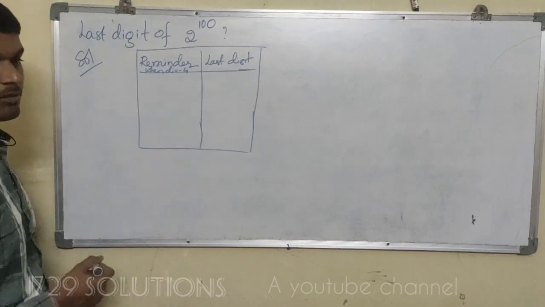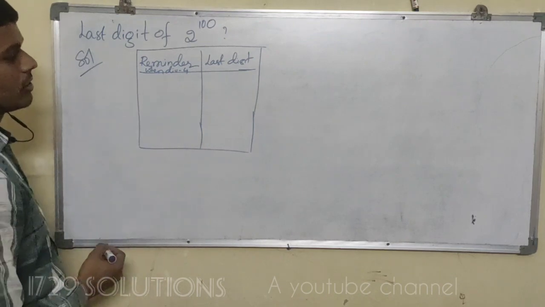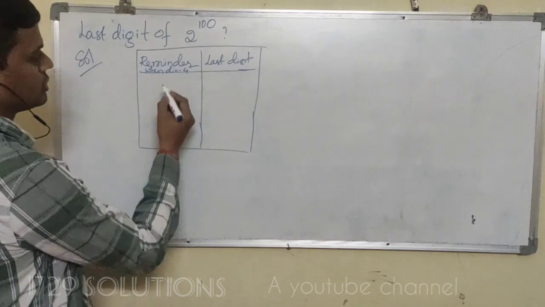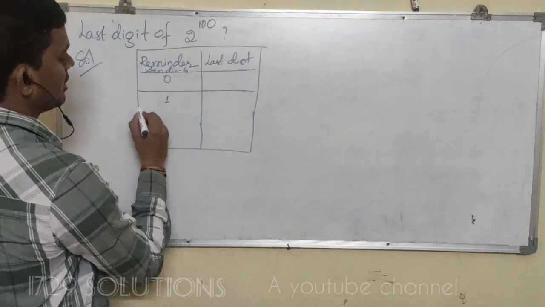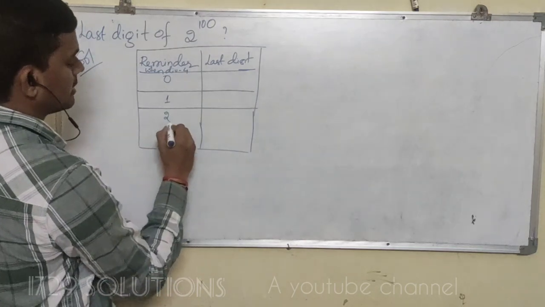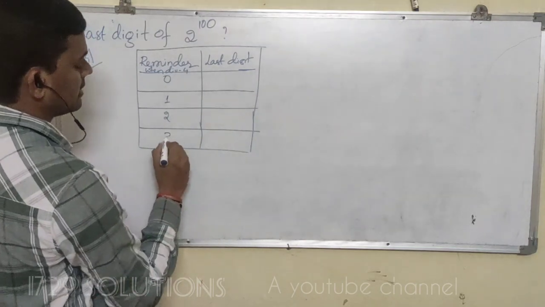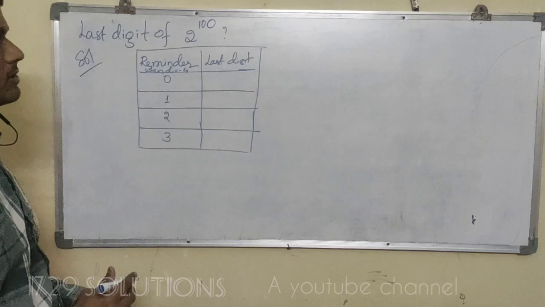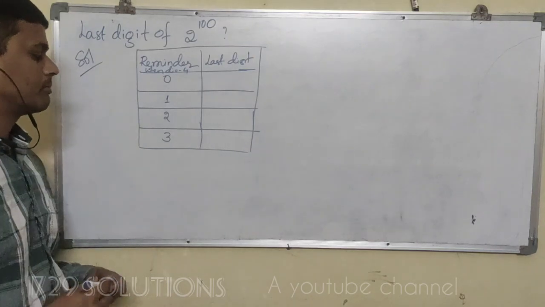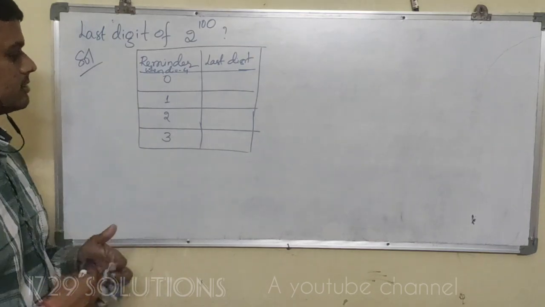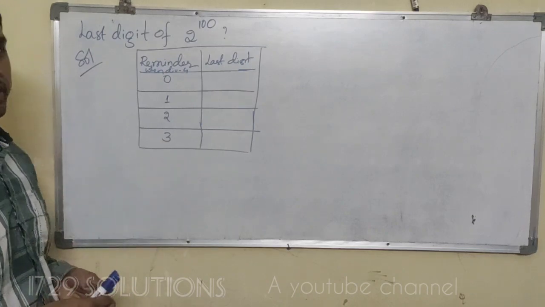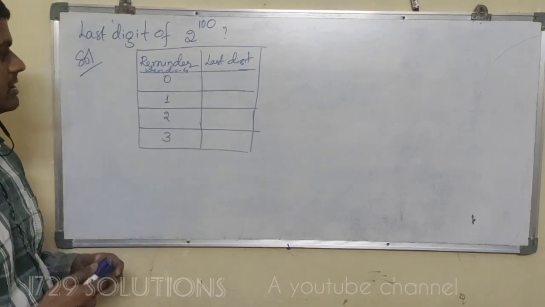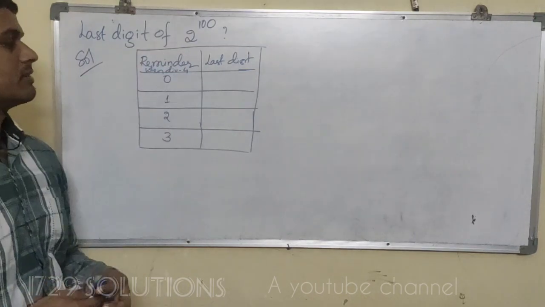When a number is divided by 4, you may get 4 remainders: 0, 1, 2, 3. If you divide by 2, you may get 2 remainders. So these are the remainders when the number is divided by 4.